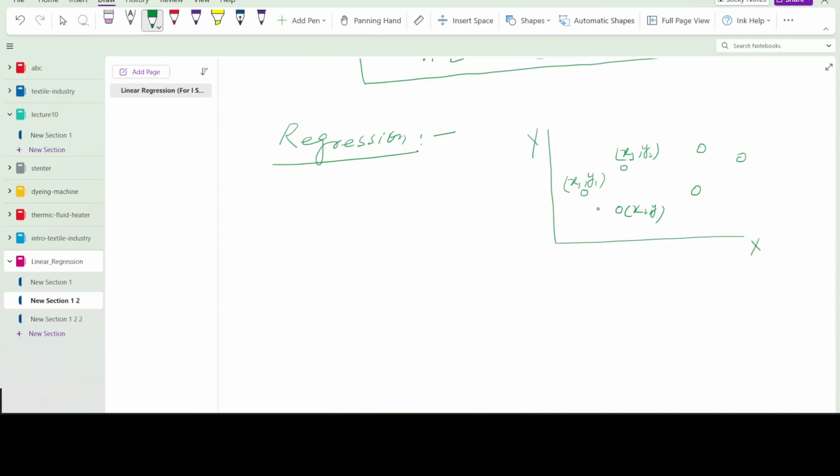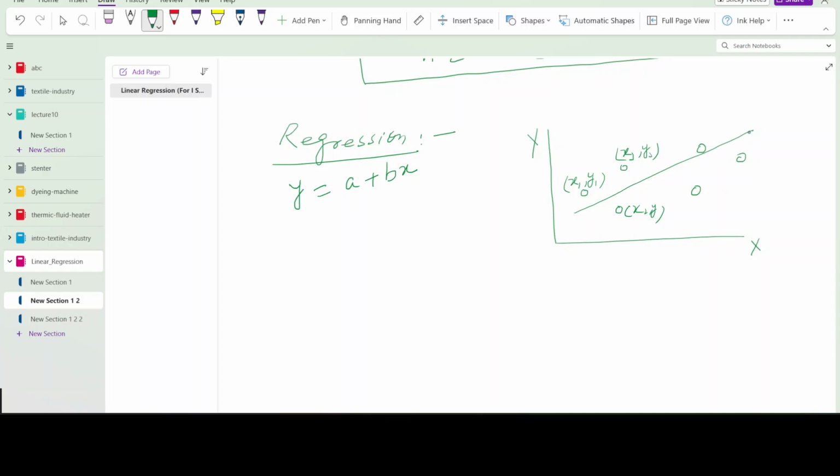Our task is to estimate the value of y, because there is no single line present here where all the observations are lying.